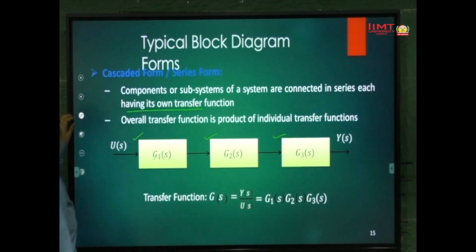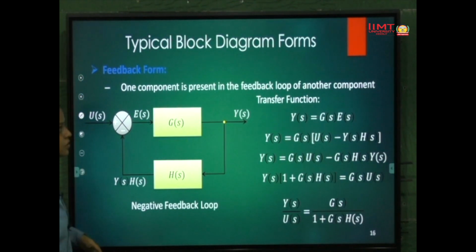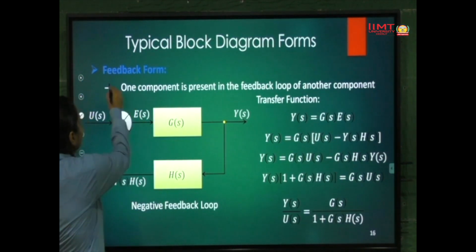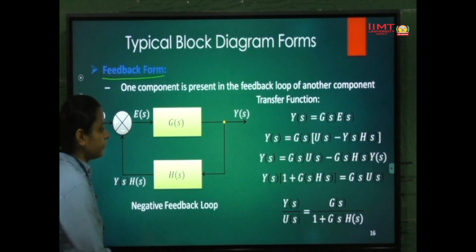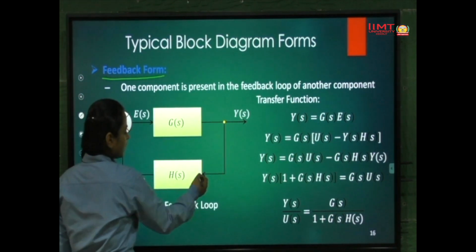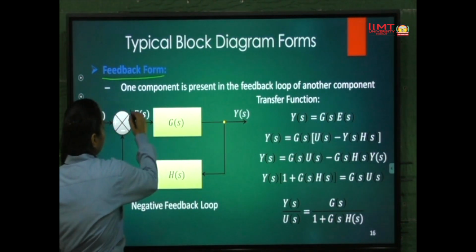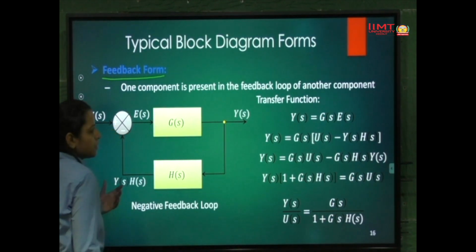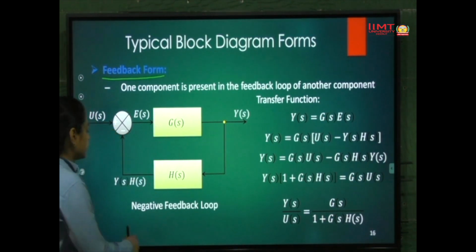We get the overall transfer function. Next is the feedback form, where we have taken a feedback term from the output. This is the block diagram representation for the same.